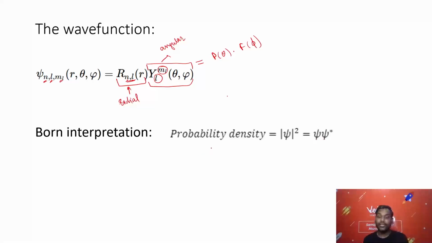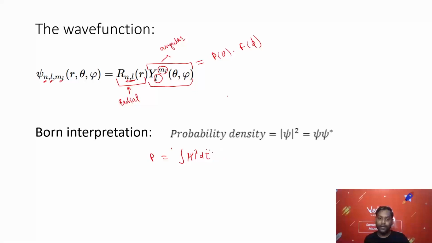He also suggested that the probability of the electron can be calculated by multiplying the probability density, so the actual probability of the electron in any region of space, if you want to find it, will be the integral of psi square into d tau.